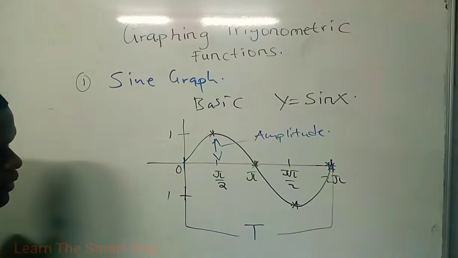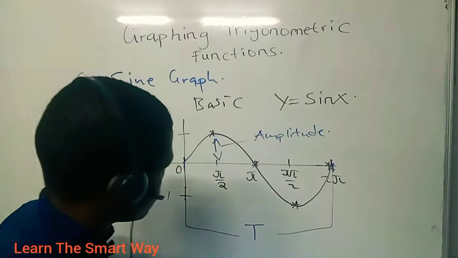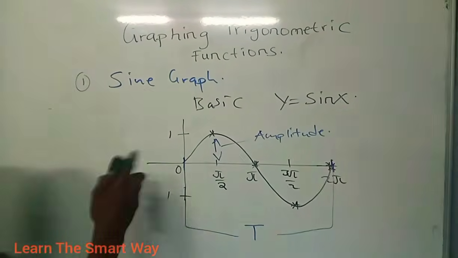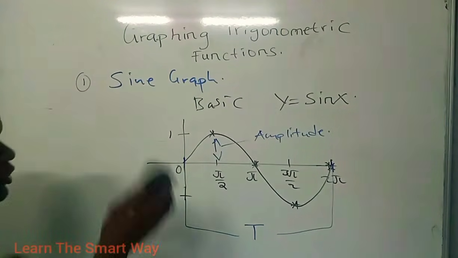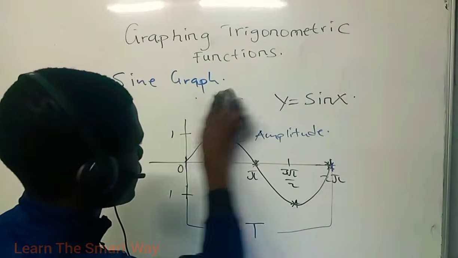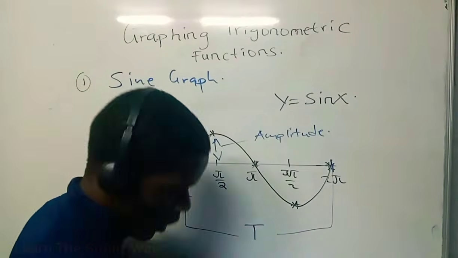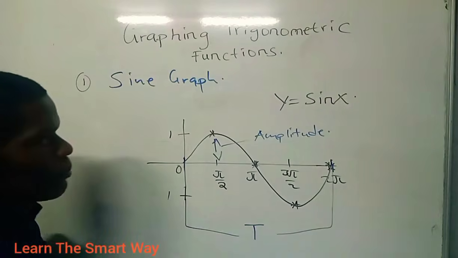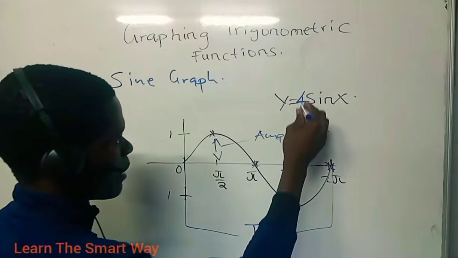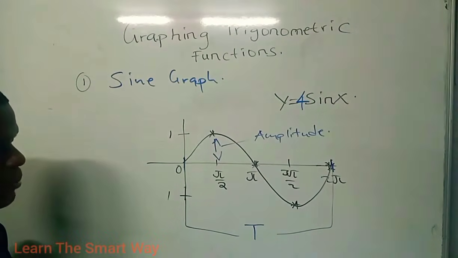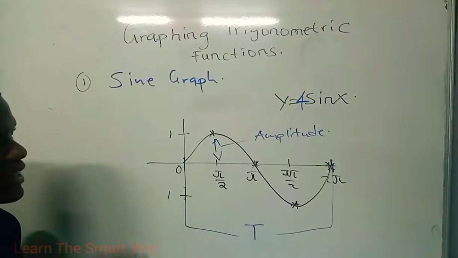Before I move on to a different part, let's study a function where we have a different amplitude. When I put a number there, that tells you what the amplitude is. And how does it affect the graph?